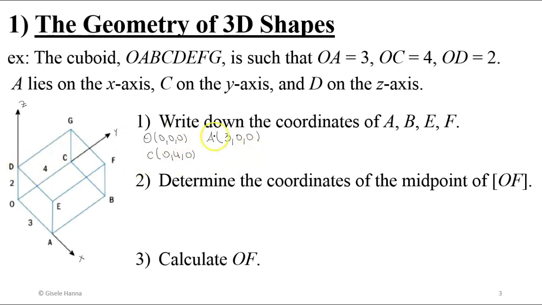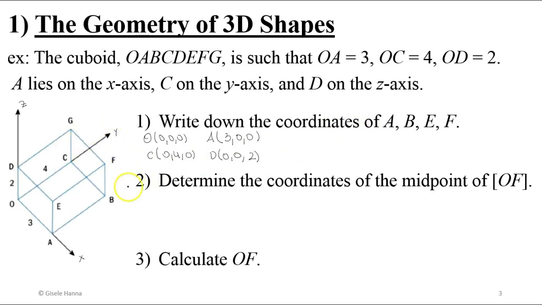And similarly point D lies on the z-axis, so its x and y coordinates are zeros. And being 2 units away from O, it has an elevation of 2.